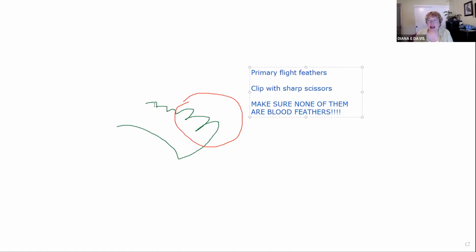It would not help, though. So if you think, well, if I keep cutting the secondaries, maybe that'll guarantee my bird can't fly. No, it won't. All right, so I hope that clears that up.